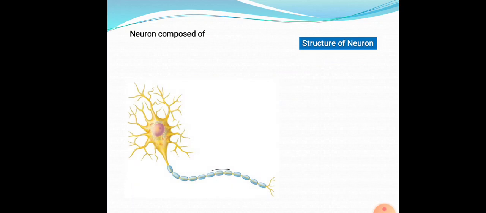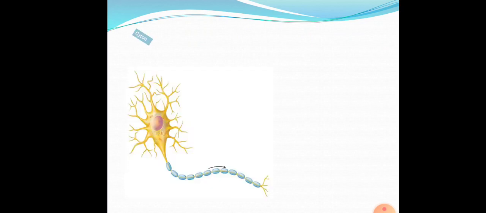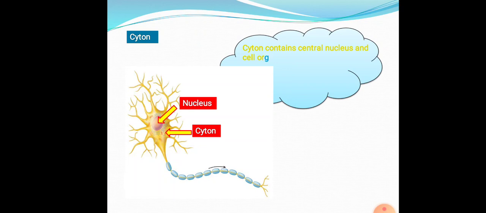If you see the structure of a neuron, it is composed of three major parts: one is the cyton, the dendron, and the axon. The branches of the dendron are called dendrites. Here we see the cyton.